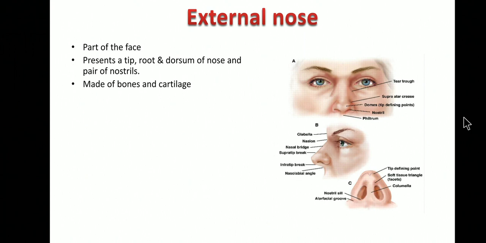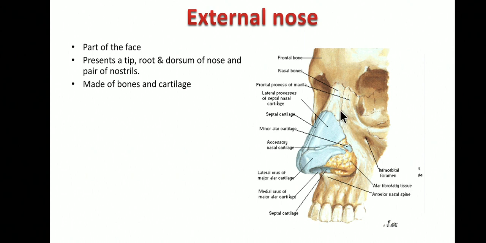So what are the bones and cartilages which mainly form the external nose? It is partly bony and partly cartilaginous, and with respect to the external nose, the majority of it is formed by the cartilages, which you are able to see here.